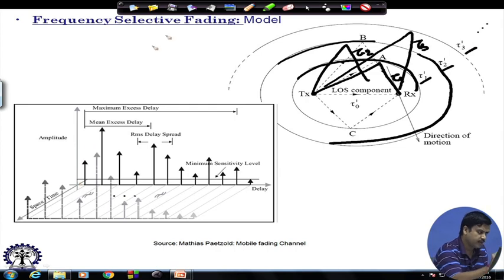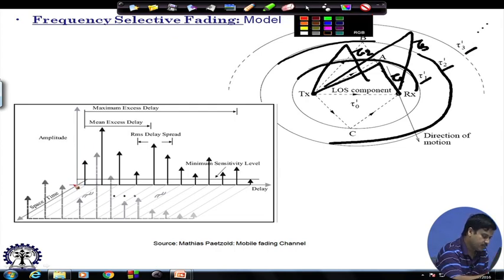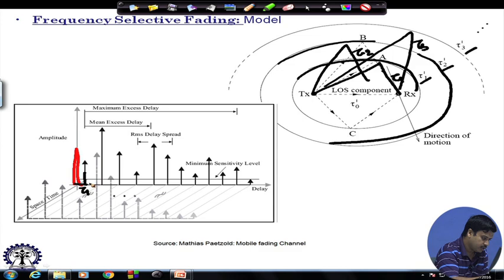We have also explained that suppose you have an impulse in the beginning, then because of the impulse what you get is echoes. There is an echo coming at the first delay tau 1, then there is an echo at tau 2 and so on, and these are echoes due to the delay.